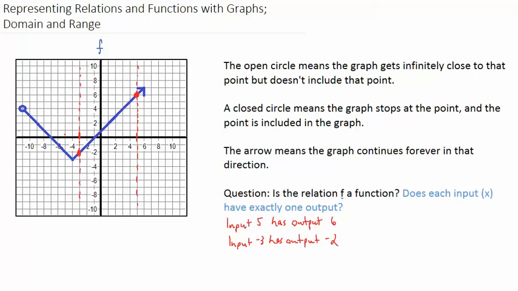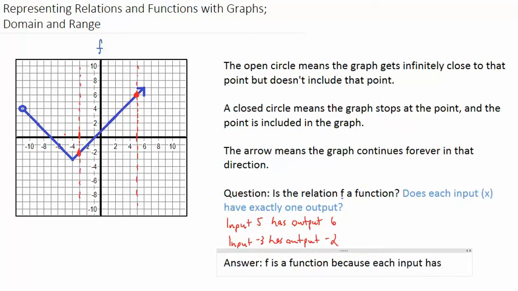And you can see that if you scan every single input and search for outputs, you're not going to get more than one. So the answer to the question is: f is a function because each input has no more than one output. Okay? So that's how you determine if a graph represents a function.